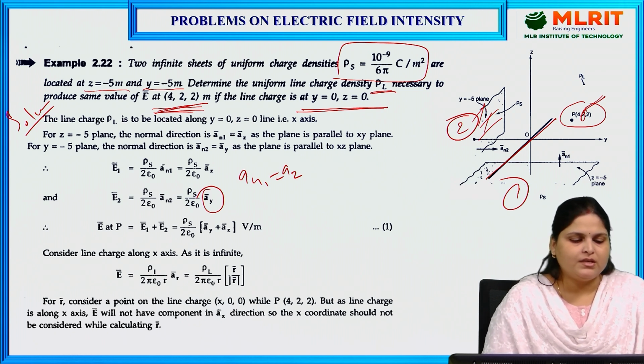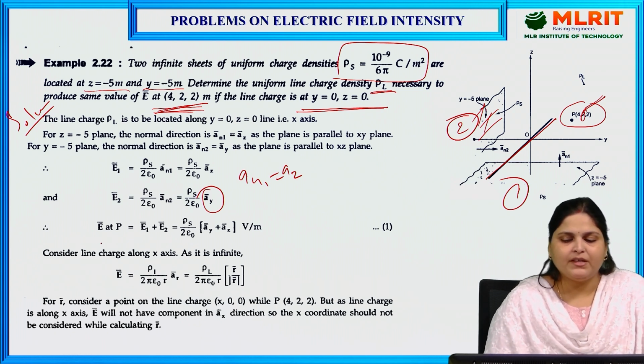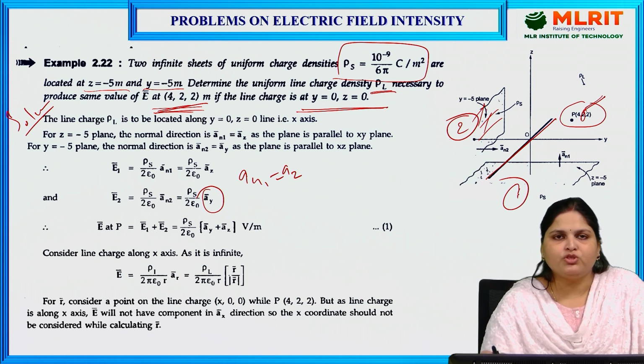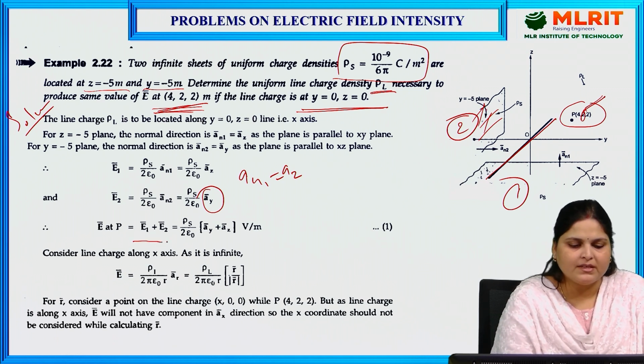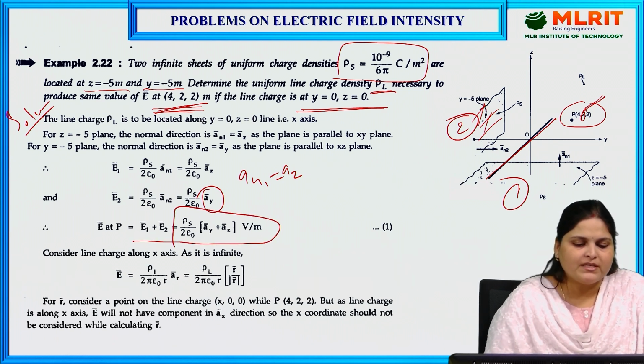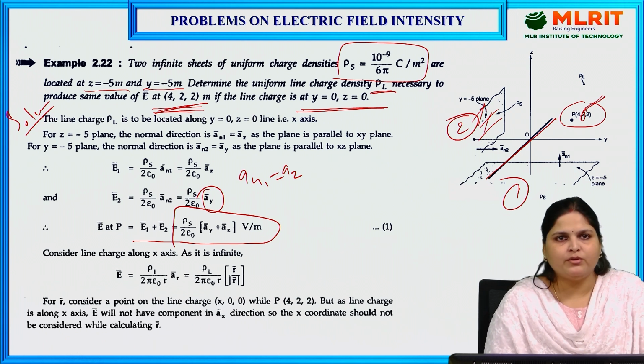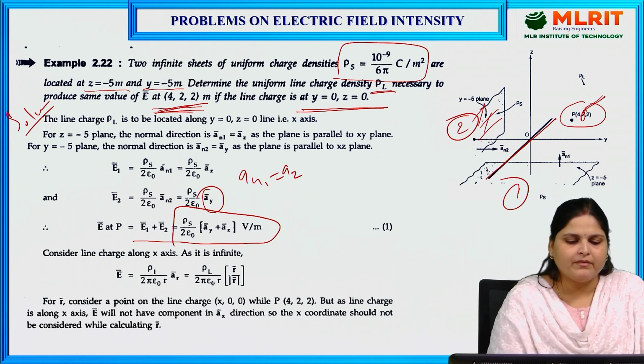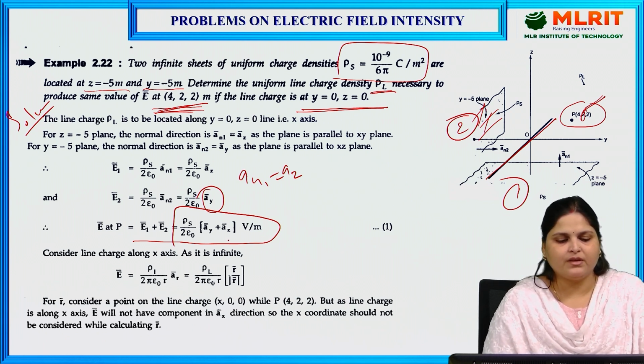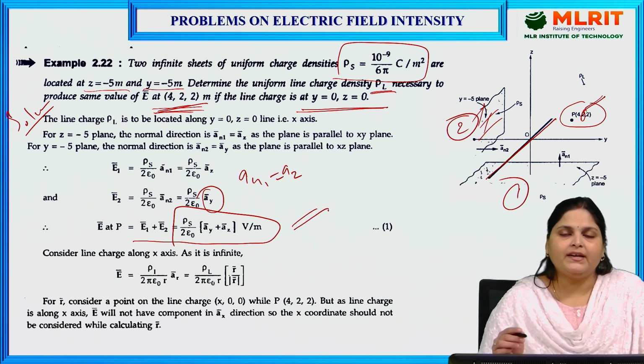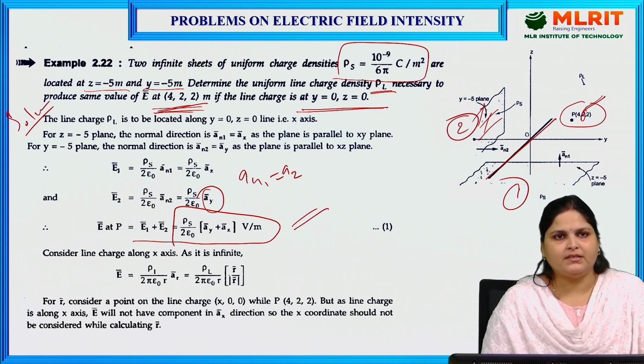Okay, so let's find out the field at P due to these two sheets of charges. It will be E1 plus E2, whose value is rho s upon 2 epsilon naught. Because rho s is common for both, we will write ay plus az. This is the field at P due to the sheets of charges.